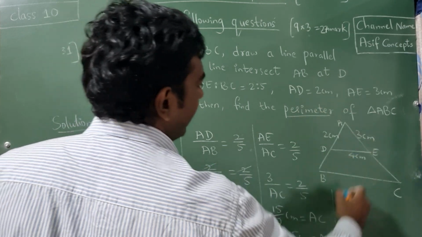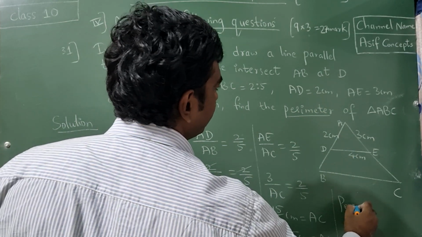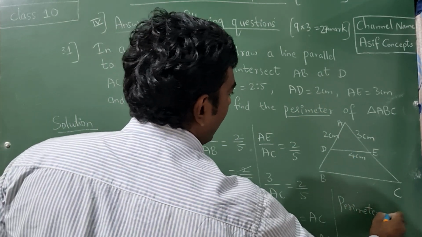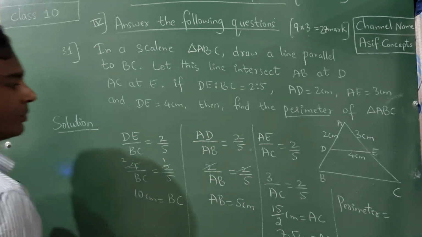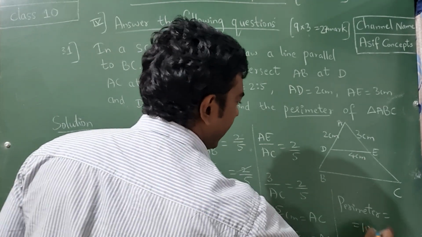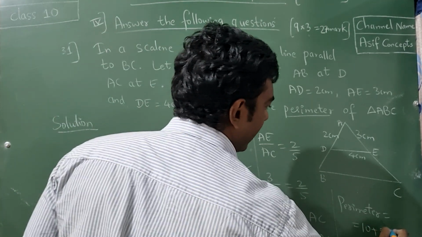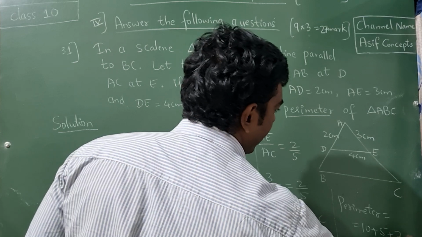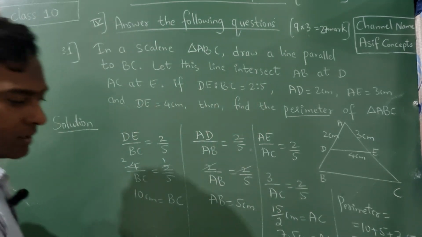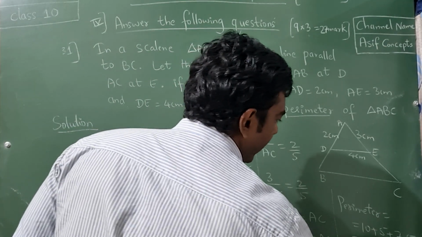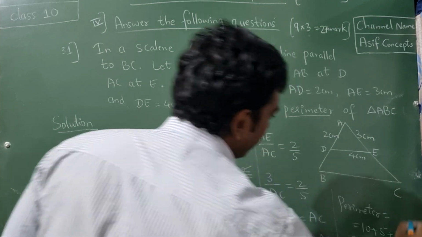Now what they are asking, find the perimeter of the triangle. Now perimeter means add all this: 10 plus 5 plus 7.5. Now if you add this, you will get 22.5 centimeter.